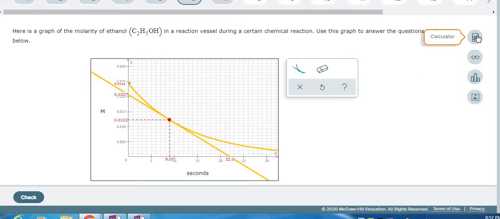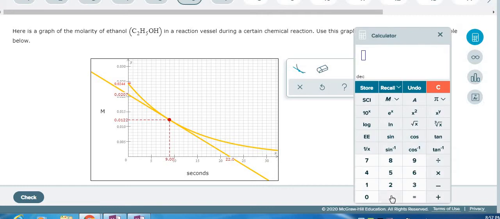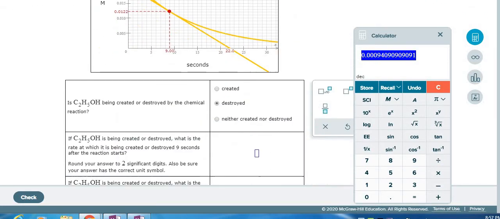Okay, so let's go ahead and calculate that. 0.0207 divided by, we cross the x-axis at 22, so it's going to be divided by 22, and that is going to equal 0.0009, so 9.4 times 10 to the minus fourth.